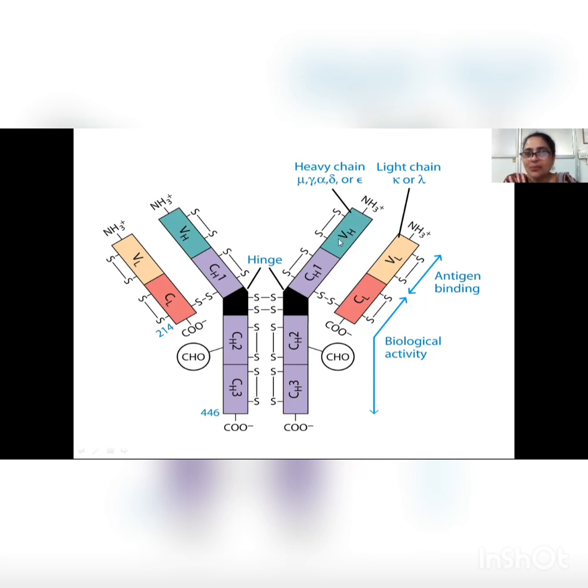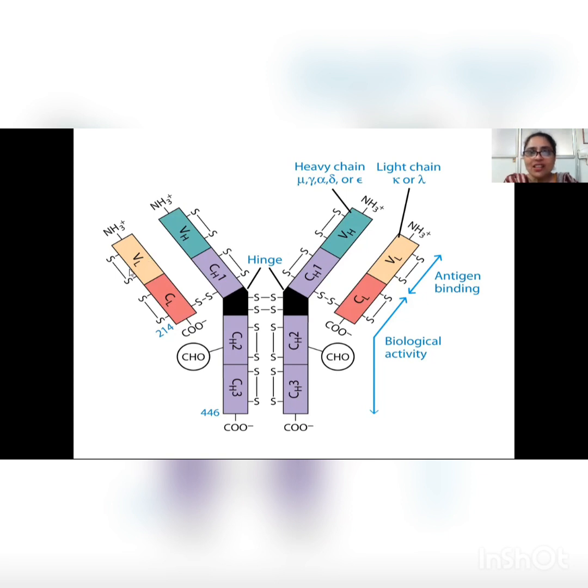So you can see VH, VL in this, and VH and VL here. These are all variable regions where antigen binding sites are present. These are the ones which shuffle and reshuffle and create a domain where the antibody fights with an antigen, or the binding of antigen takes place.